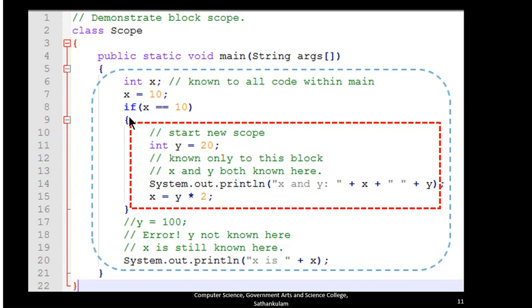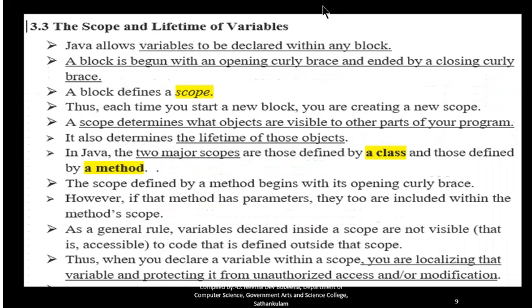If x == 0, opening braces, closing braces, this is a block. And after the main method we have an opening brace and corresponding closing brace, this is also a block. And the class scope, opening braces, closing braces, this is also another block.